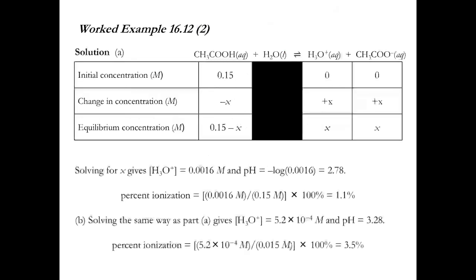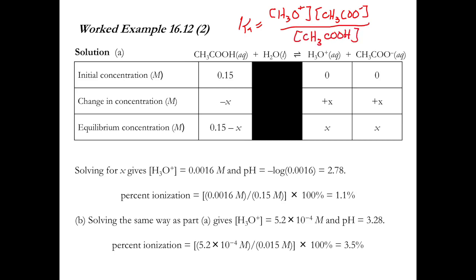So here is the solution to part A. We did our little ice table, and then we calculate by substituting back into the equilibrium expression. So Ka is equal to H3O plus times acetate divided by acetic acid, products over reactants, just like always.